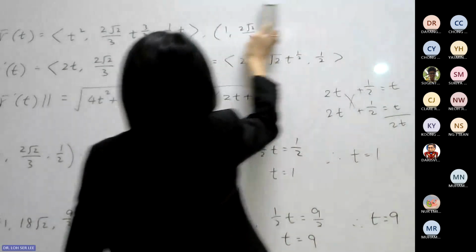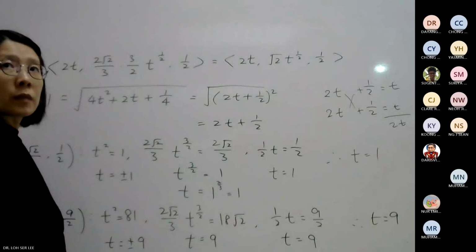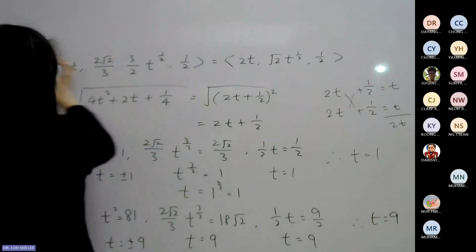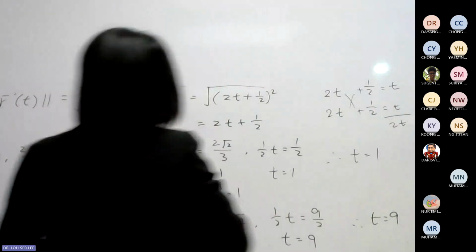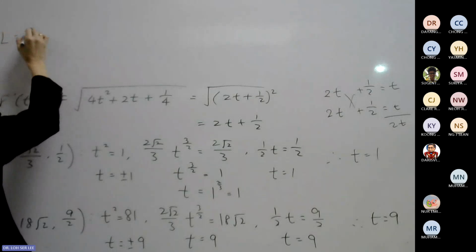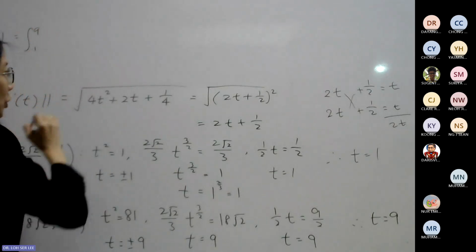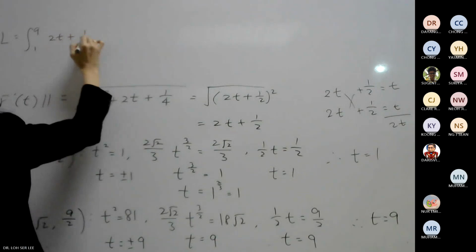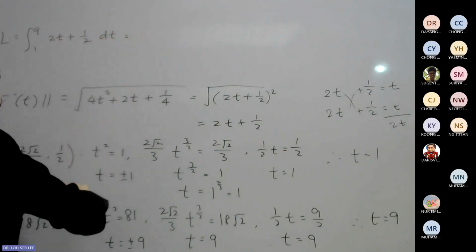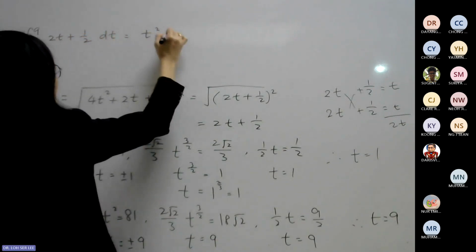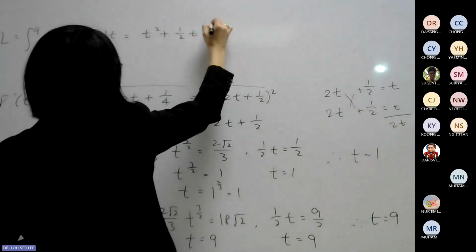So your length will be the integral from 1 to 9 of 2t plus a half with respect to t. Okay, so you have b squared plus half b from 1 to 9.